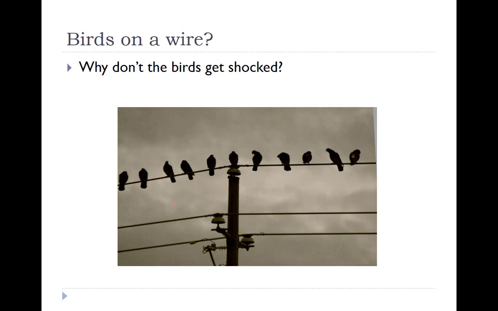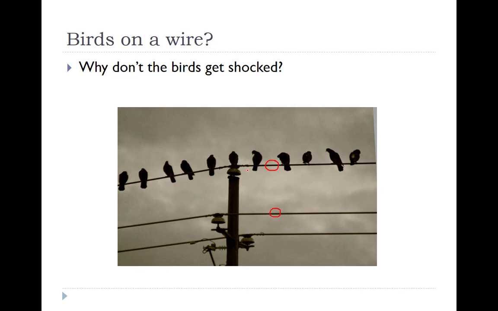So, you have birds sitting on a wire. Why can these birds sit safely on this wire like that? The answer is because one part of the circuit is in this wire, another part of the circuit is in that wire, so to complete the circuit you have to span across both.